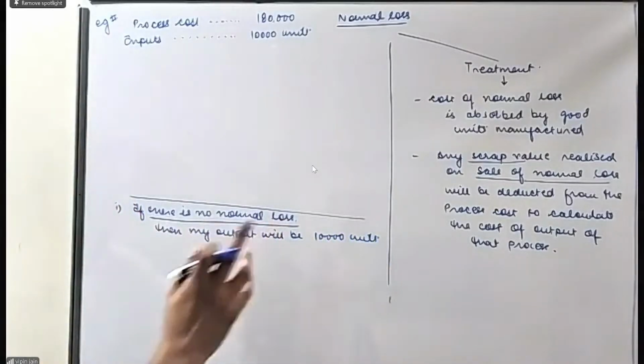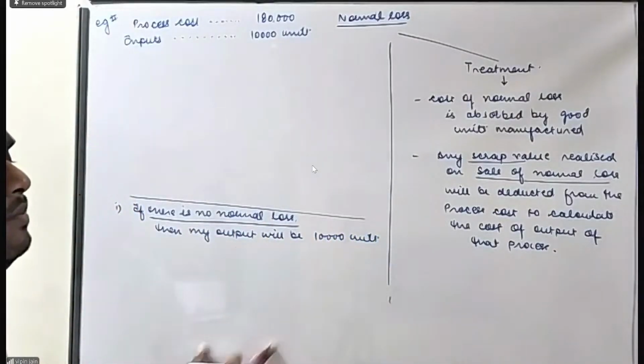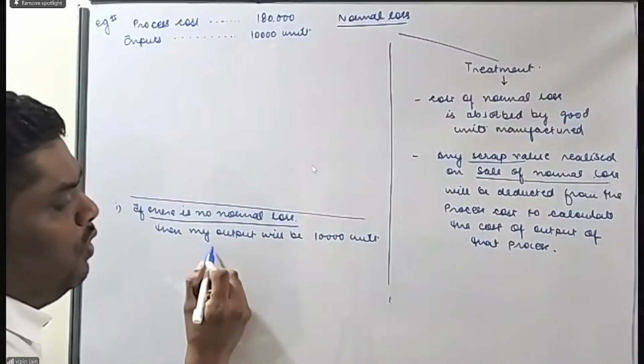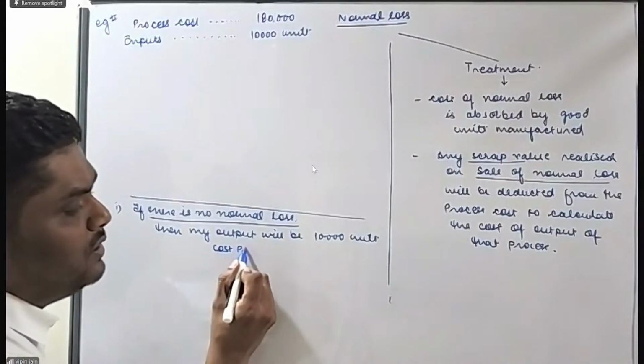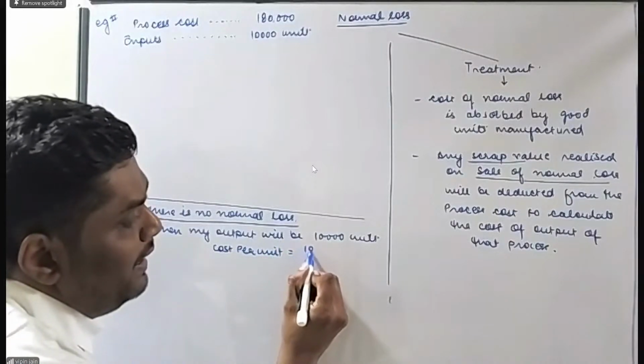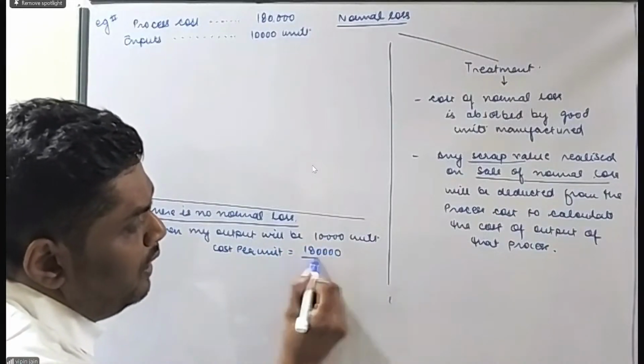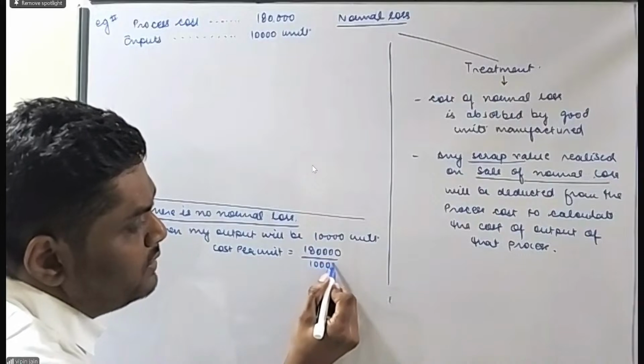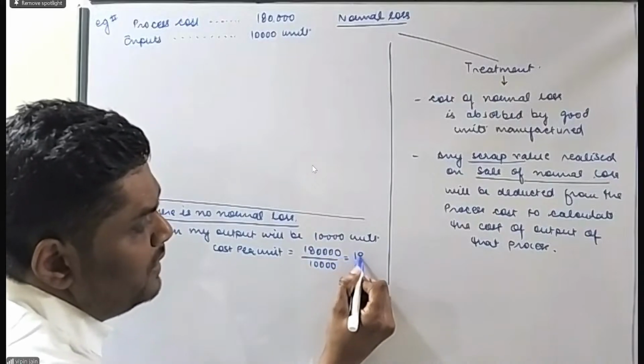If there is no normal loss, then my output will be how much? If there is no normal or abnormal loss, then whatever the input is will be the output. So my output will be the same, 10,000 units. So cost per unit will be 1,80,000 divided by 10,000 units.